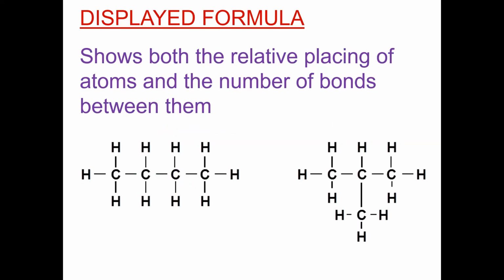Now we have the displayed formula. It shows all the bonds, a complete picture of our compounds. It shows both the relative placing of atoms and the number of bonds between them. This is called displayed formula.